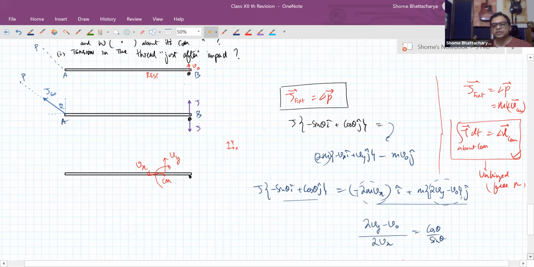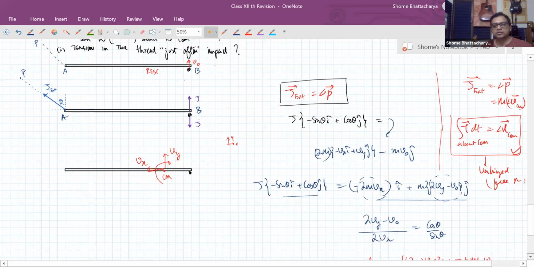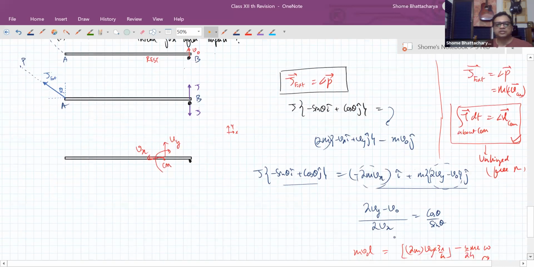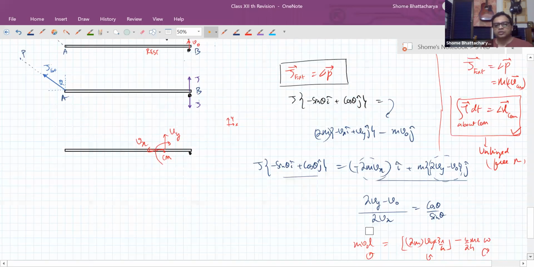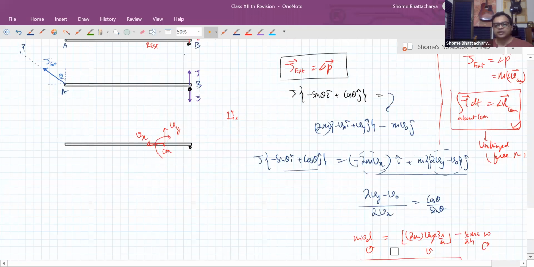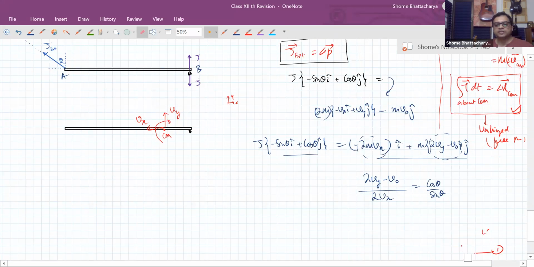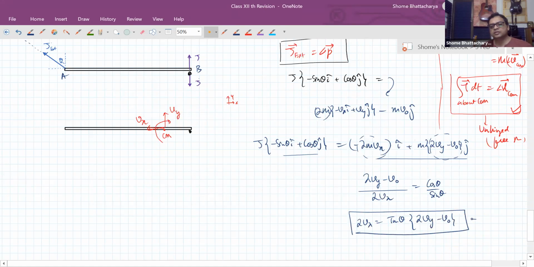Or we should have this constraint relation now. So I'm rubbing this. This was from the previous section. So our constraint is a little bit more complicated between Vx, Vy, and V0. Our constraint relation is going to be like this: 2Vx is equal to tan theta into 2Vy minus V0. This is going to be our first constraint relation.